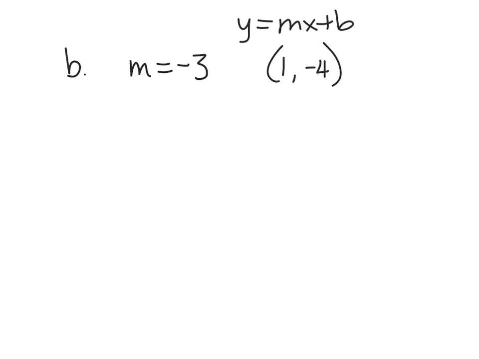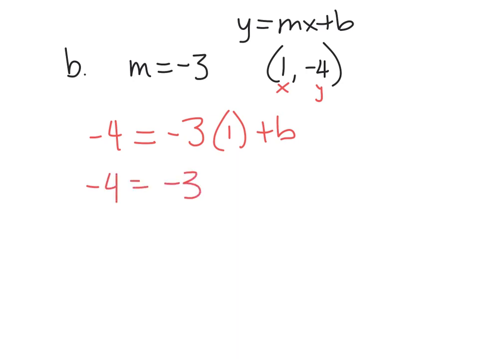This is the equation you use over and over again, guys. So we know the slope is what? The slope is -3. Okay, what's y? -4. And what's x? The 1. Beautiful. So I have -4 equals, what's -3 times 1? Still -3. So then to move the 3, I add it. What's -4 plus 3?